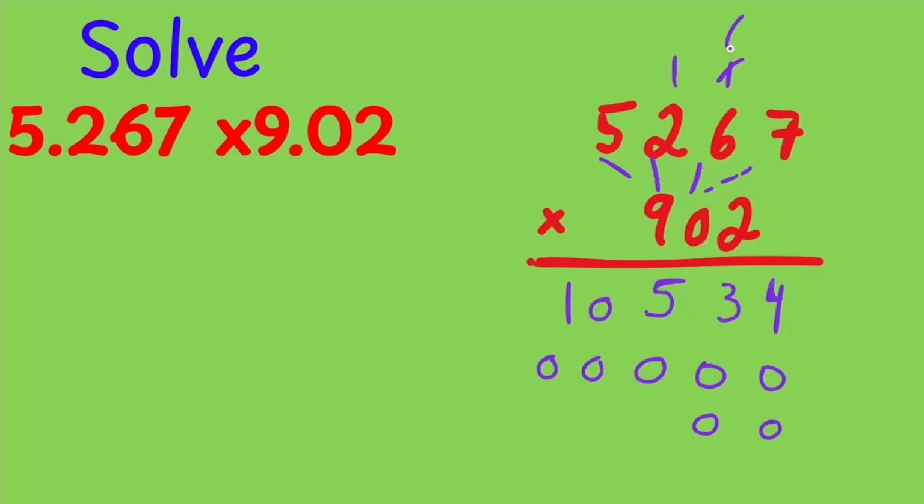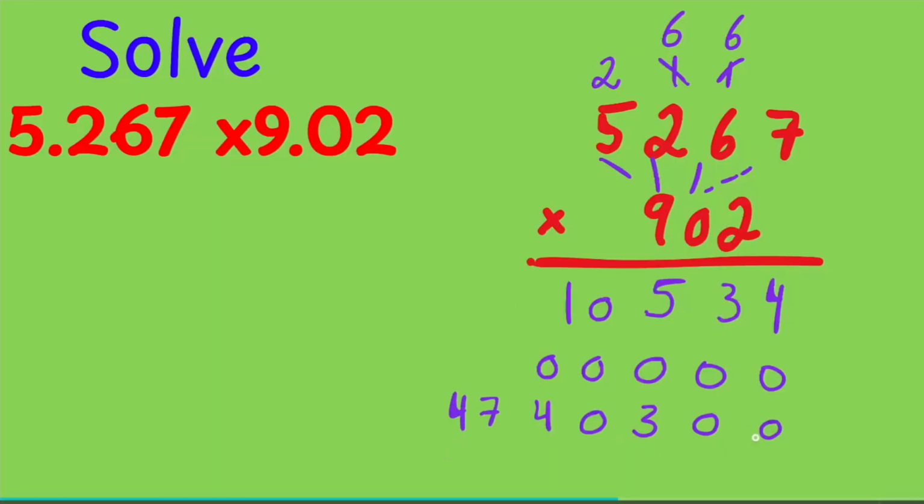Skip that one, 63. 9 times 6 equals 54 plus 6 equal to 60. 6 here instead of this one and put 0 in your answer. And now 9 times 2, 18 plus 6, 24. 9 times 5 finally equals 45 plus 2, 47.